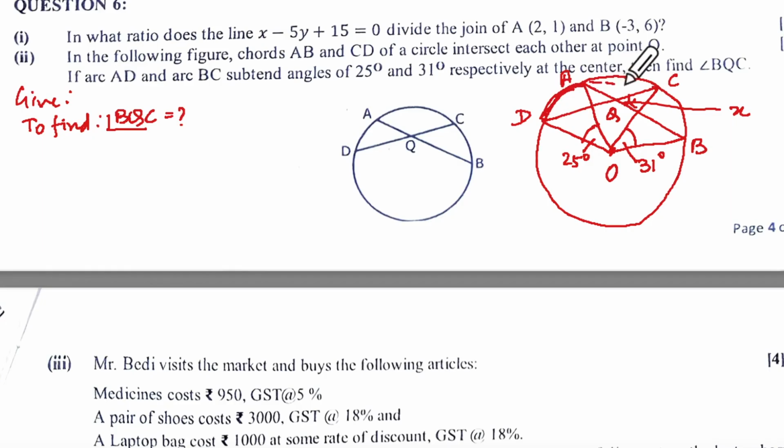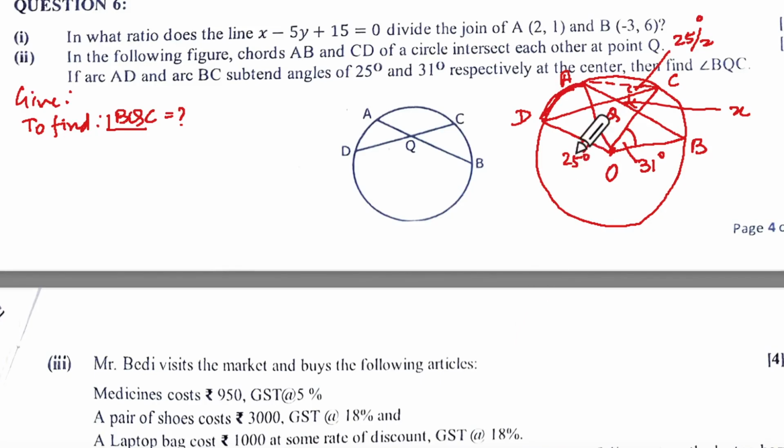So if I join this, I will get this angle. This angle will be half of 25. Do you agree with that? Angle at the circumference is half angle at the center. All understood? Yes, ma'am. If you did not understand, say no, ma'am. Anyone saying no, ma'am? All saying yes, ma'am? Yes, ma'am.